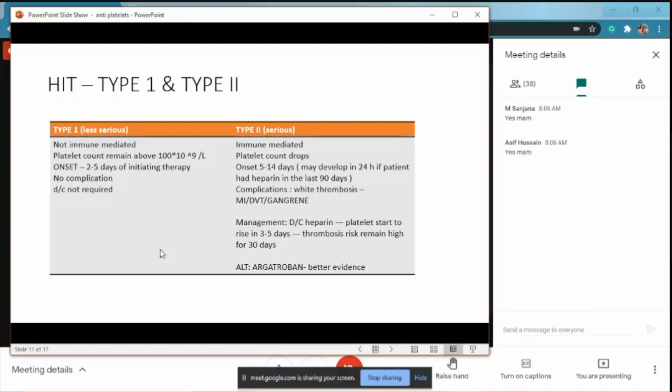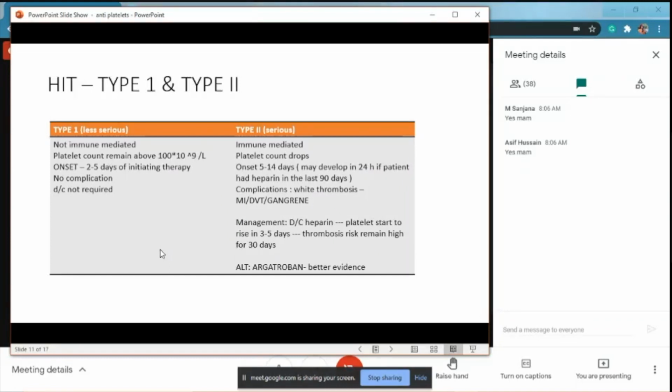Not in all patients, some patients, okay? So usually the onset is 2 to 5 days. When it comes to type 2, the onset is 5 to 14 days, but it may develop in 24 hours if the patient had heparin in the last 90 days. So remember that. If the patient had heparin in the last 90 days, they may develop type 2 in 24 hours.